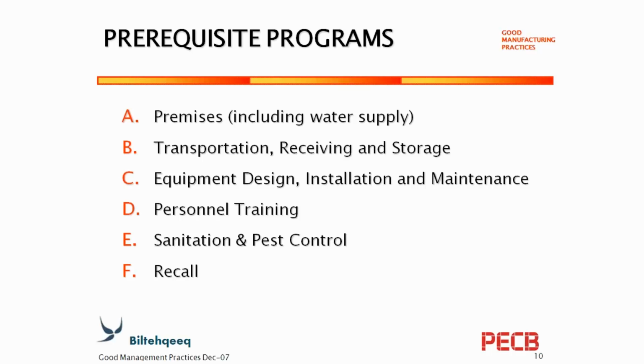Sometimes during maintenance, if you don't take care of this element, the maintenance procedure or process can contaminate your food. So you have to be very careful about the equipment and its installation and maintenance.